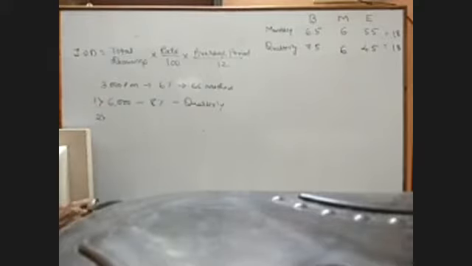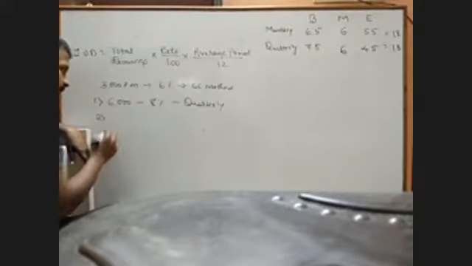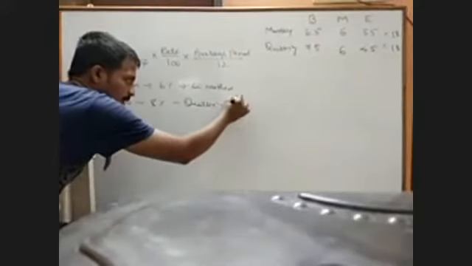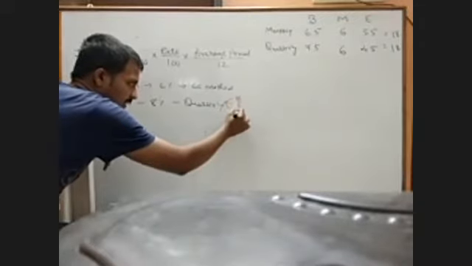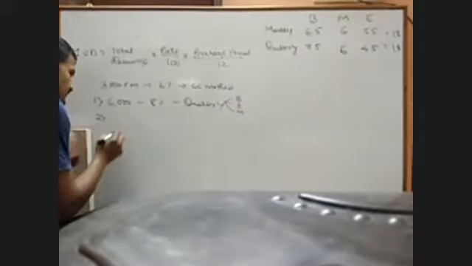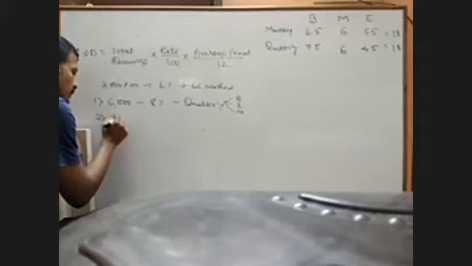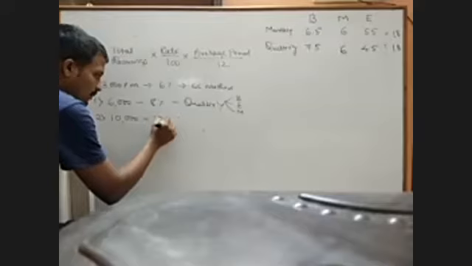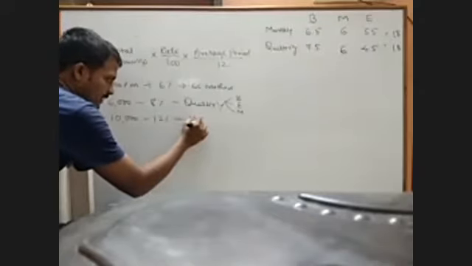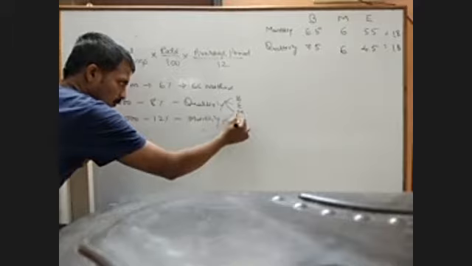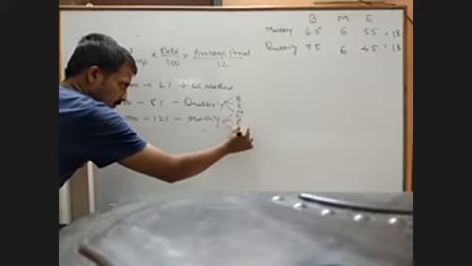And the second problem is, if a person withdraws, now quarterly means you have to do all the three: beginning, end, and mid. You should remember. Next is, if a person withdraws 10,000 at 12% per annum monthly, you need to do beginning, end, and mid.